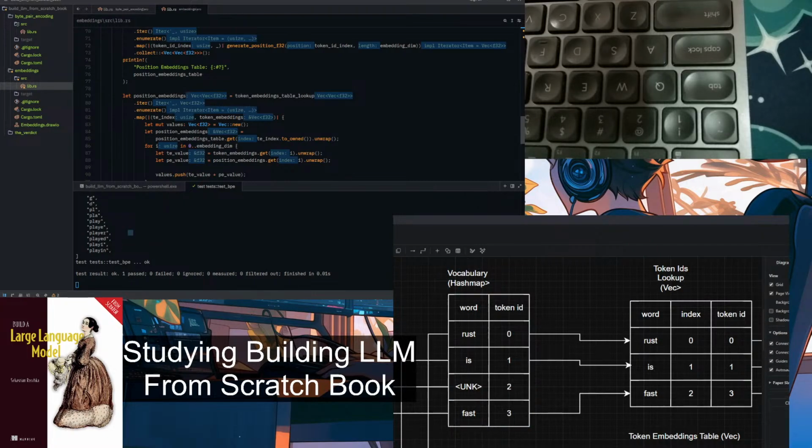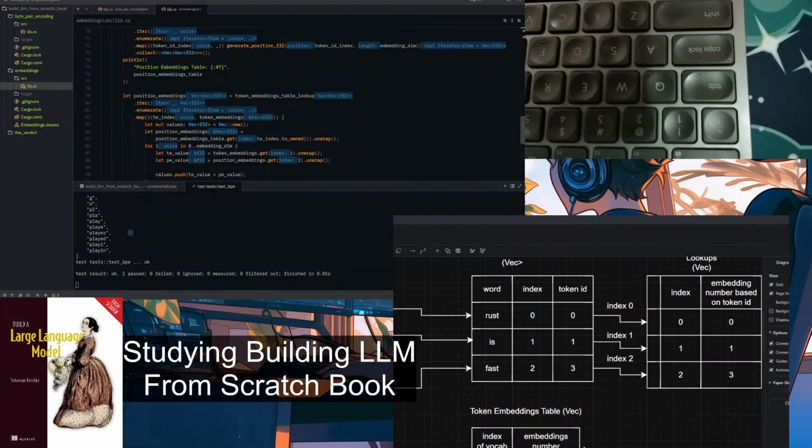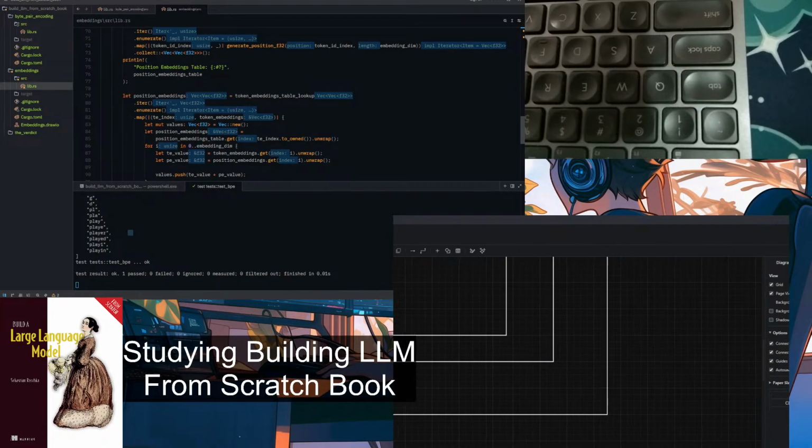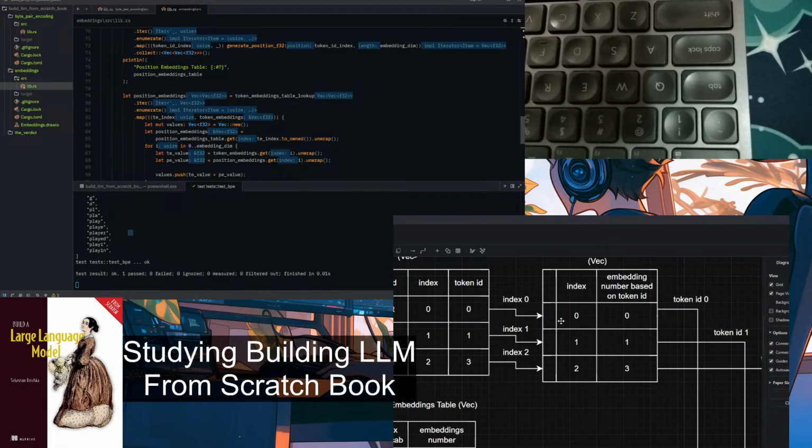Then after that, I need to create a lookup vector, and then token embedding lookups, token embedding table. And after that, I will be able to produce the tokens, the embeddings.